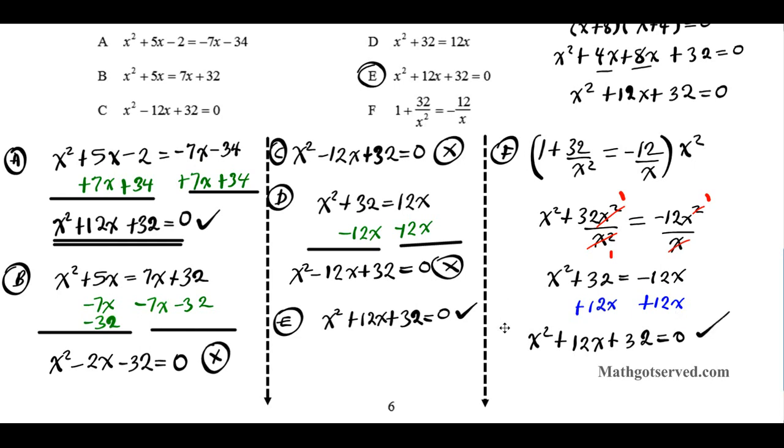So option F is also a match. So our answers for this question, the equations with roots of negative 8 and negative 4 are A, E, and F. Alright, A, E, F are our solutions here.